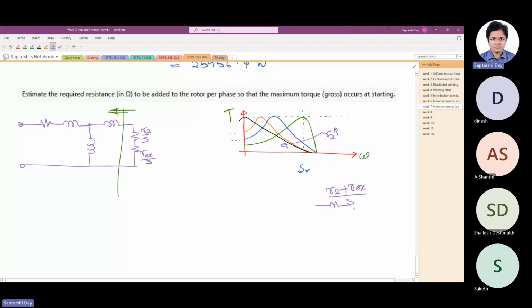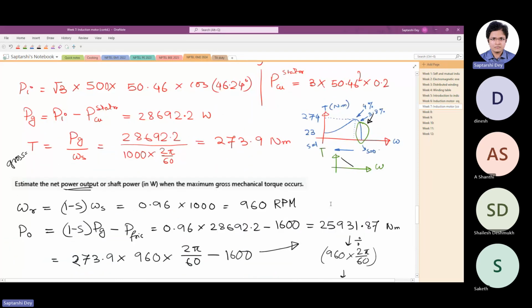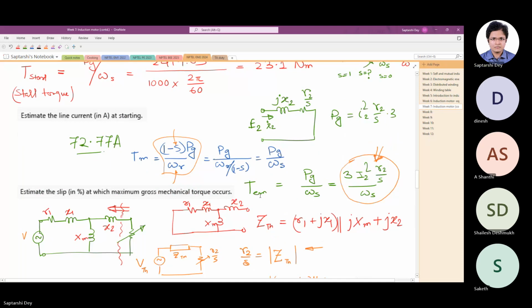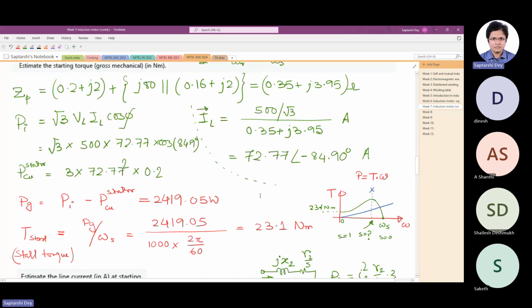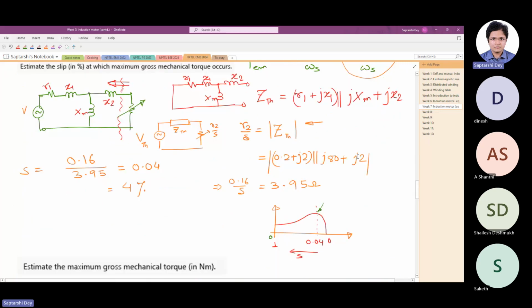So R2 plus R external by S should be equal to that ZTH. See, this ZTH component is not changing because the others are the same. So if we now go back to the maximum mechanical torque, so this ZTH.